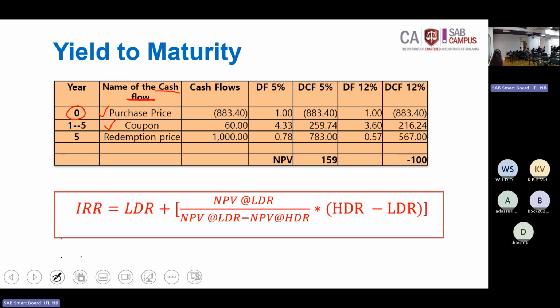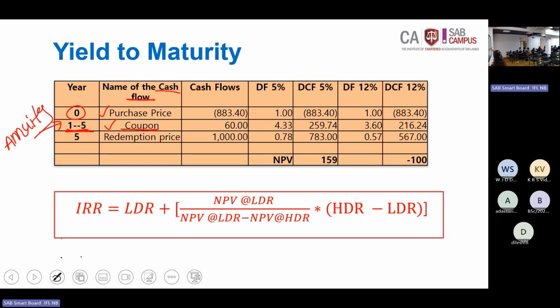During these 5 years, we are going to have coupon. So from the first year to the last year, continuously as an annuity, we are going to have what? Coupon payment. Within the brackets, mark it as an annuity.